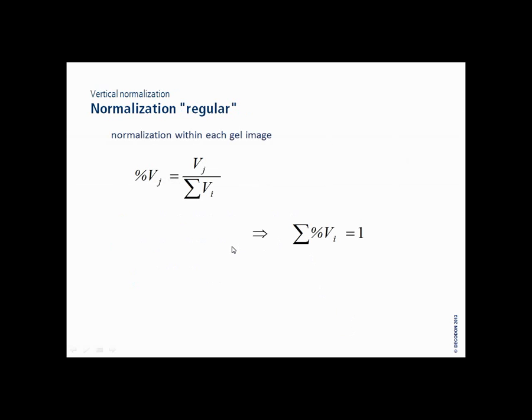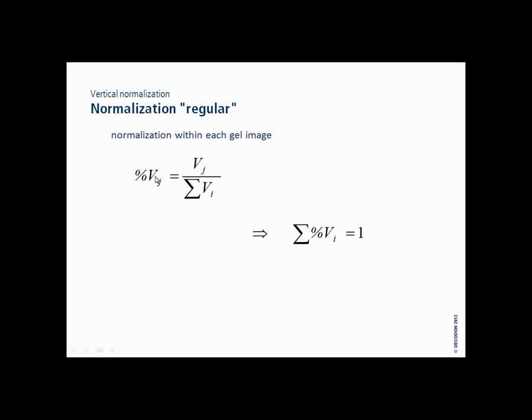And normalization is done by summing up all the spots on a certain image and then dividing a certain spot volume by the sum of all spots. And this is then resulting in the normalized spot volume of a certain spot.